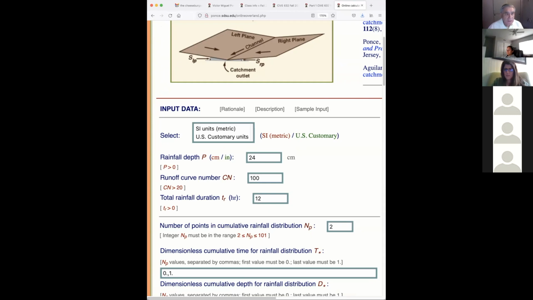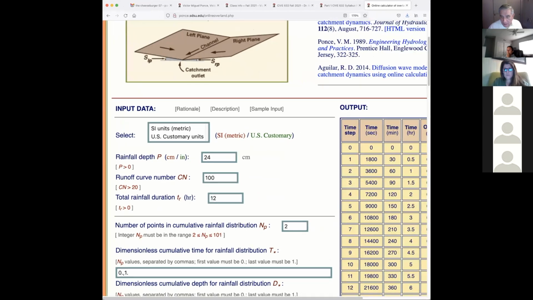Let me just say that the last article on that last week was the thesis by Rosa Aguilar. And what I'm showing in here is the model that she put together.